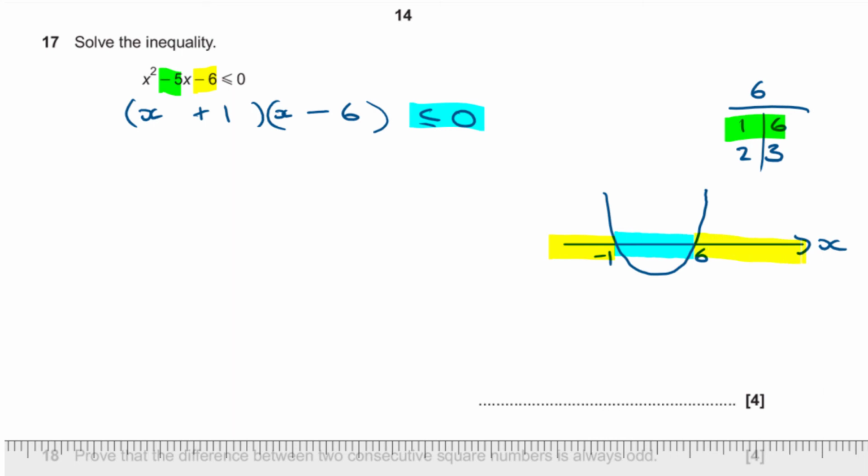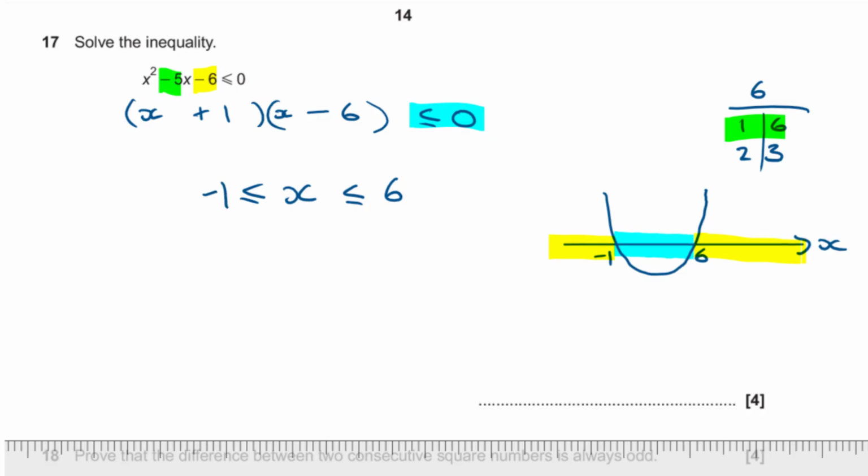So it's just those bits between -1 and 6 where this function is below the x-axis or negative. Okay, so the region we're looking for is the region between -1 and 6. So x then lies between 6 and -1.